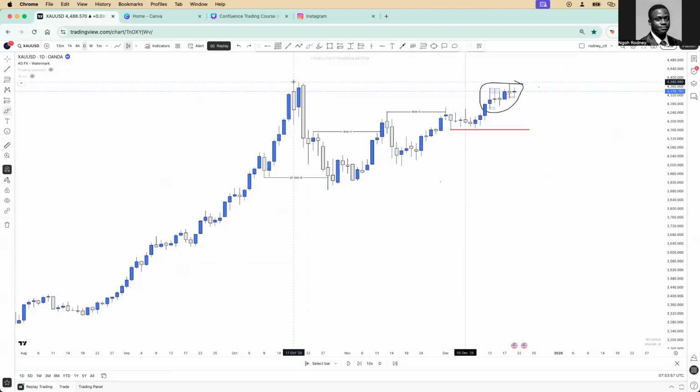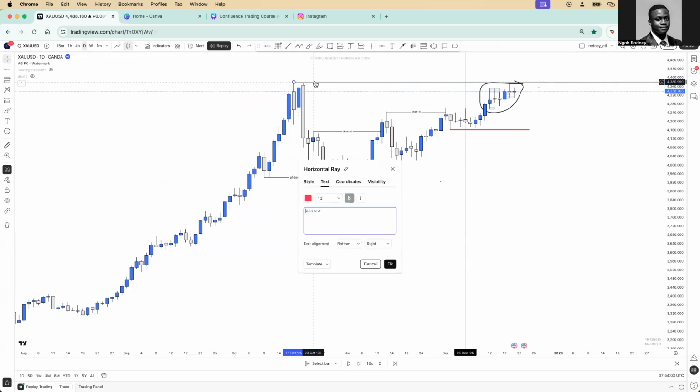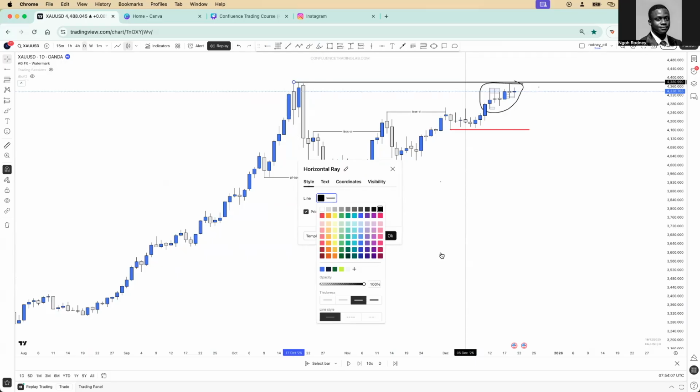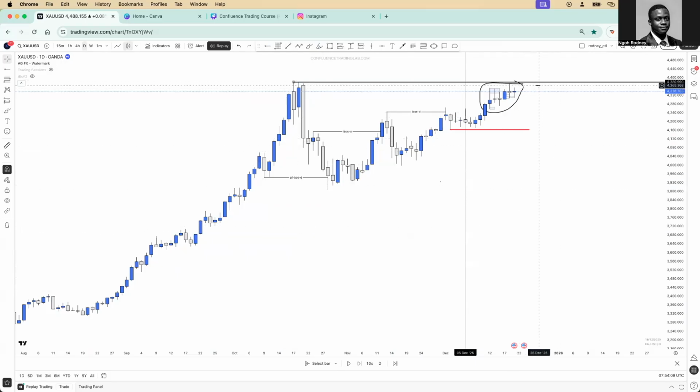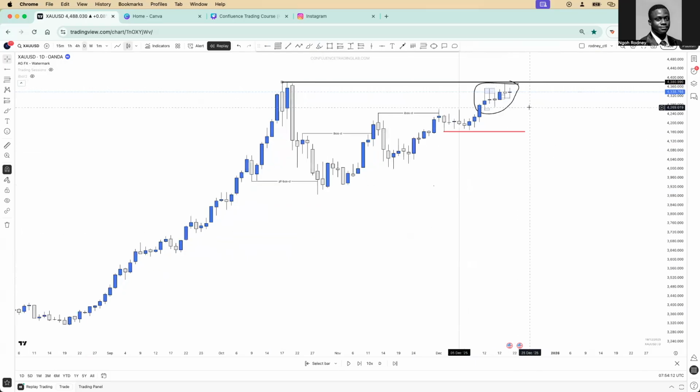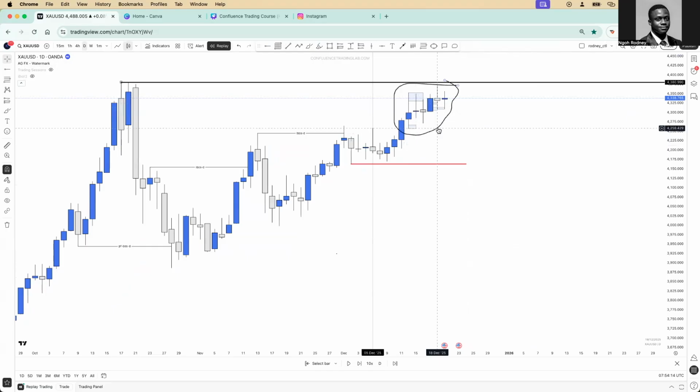Don't forget about that. Now, if price will break this all-time high here, what are we saying? That if price breaks, we may have higher and higher prices on gold. And because we've been ranging in this zone for days, if we do break, very high prices coming up.